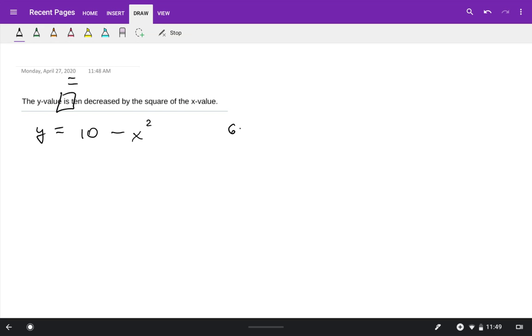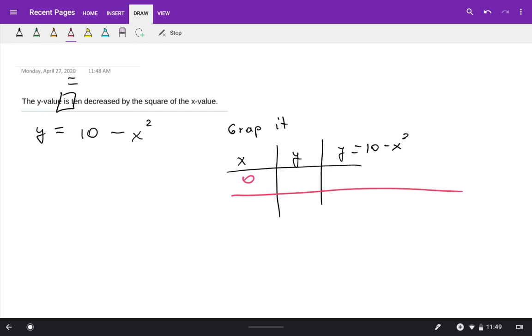Okay, to graph it, I recommend that you create a table of values. For x, you can pick any number you want. So 0, 1. And to get y, you will need to replace x, in this case, with 0.